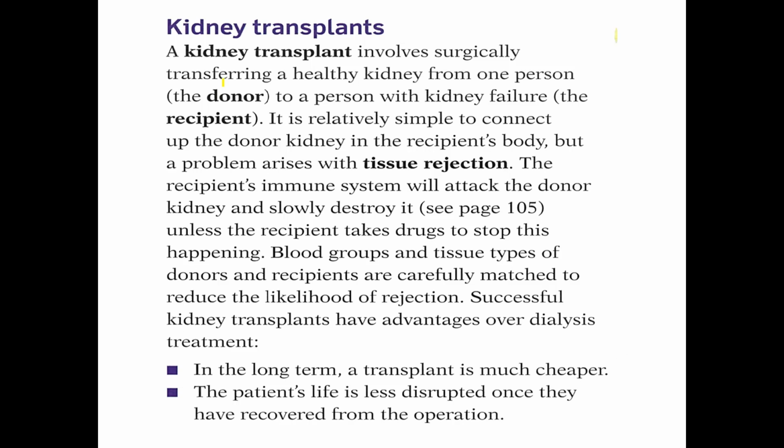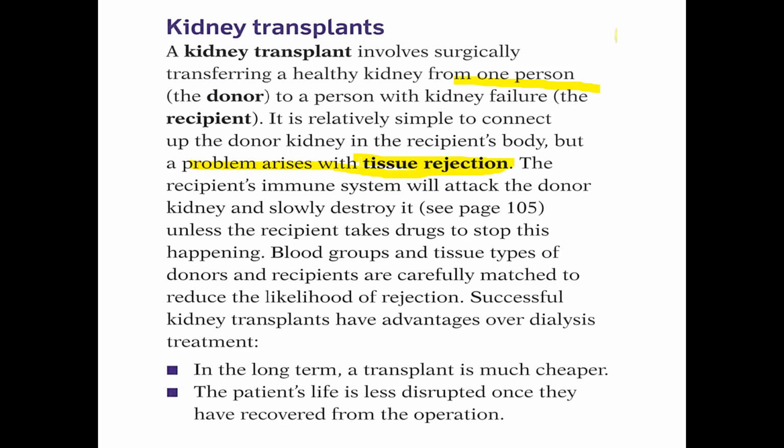So a kidney transplant involves surgically transferring a healthy kidney from one person, the donor, to a person with kidney failure, the recipient. It's relatively simple to connect up the donor kidney, but sometimes a problem arises with tissue rejection.